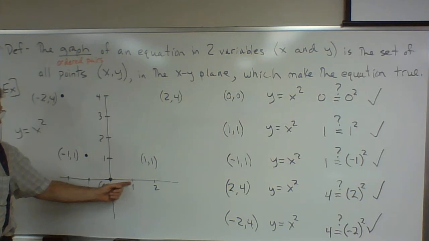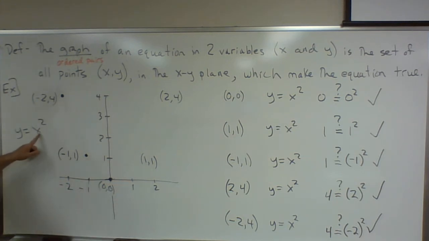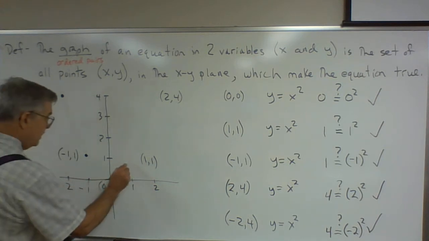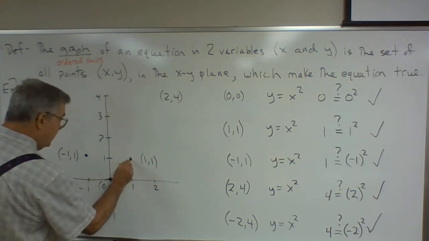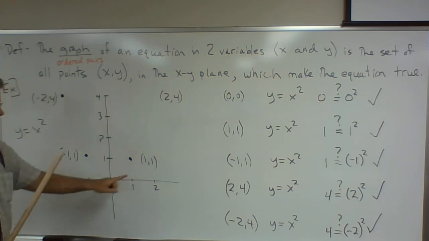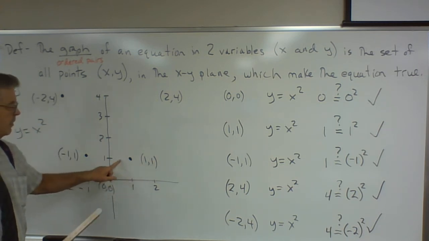I took x equal 1 and put it into this equation. I squared it, and I got 1. That tells me that when x is 1, x squared is 1, and that's what y should be equal to. So I plotted the point x equal 1, y equal 1 on the graph.